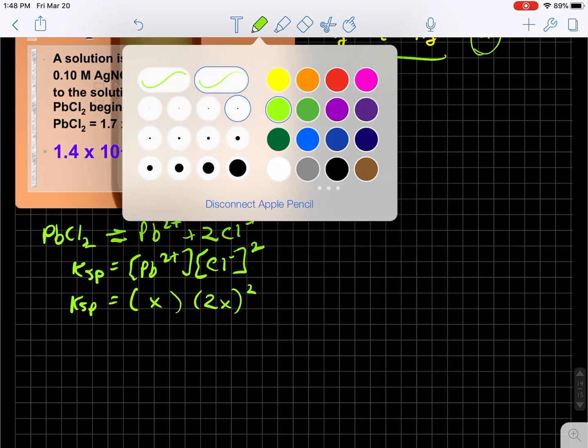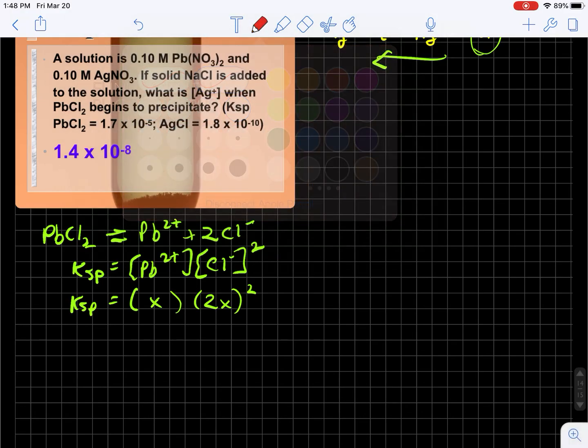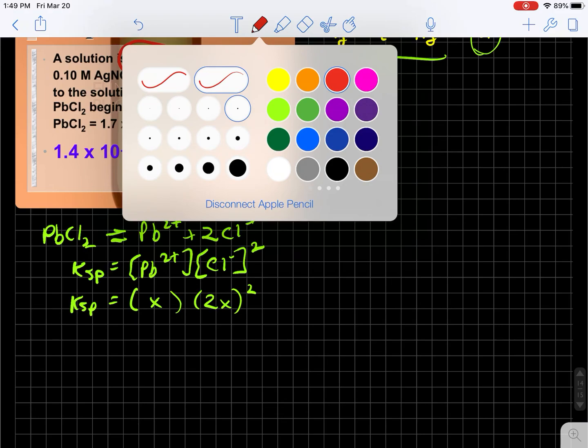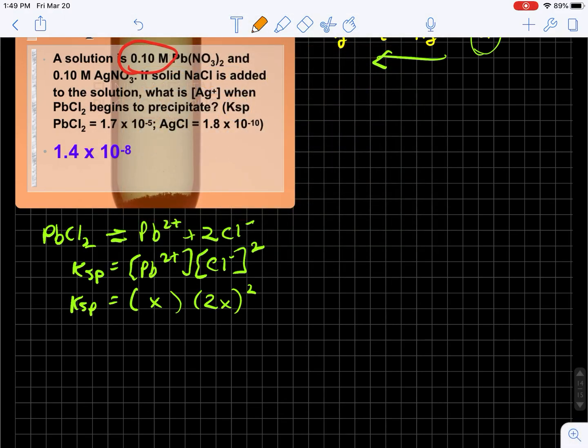But we pretty much know the lead concentration. It is just about to precipitate. So at the moment that it starts to precipitate, it is 0.10 molar lead, because for lead nitrate, nitrate's a spectator, so this is completely soluble. So I can substitute in that value for the lead, and I can solve for the chloride.